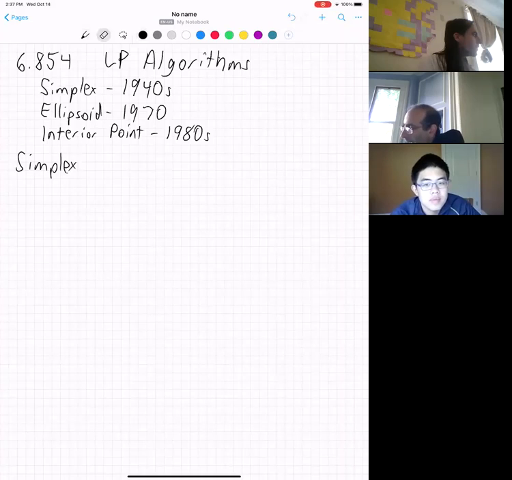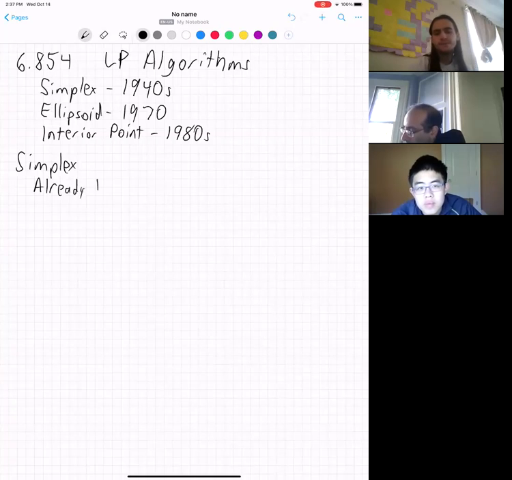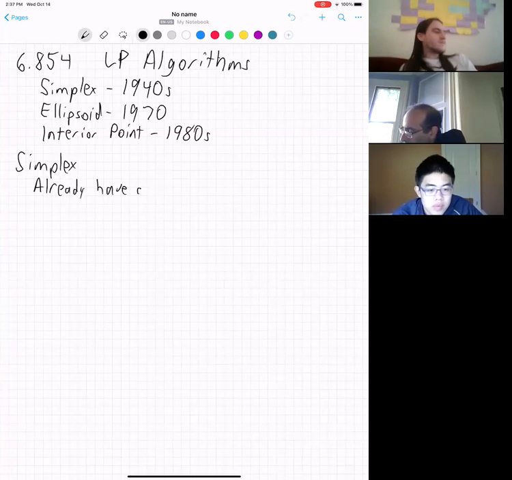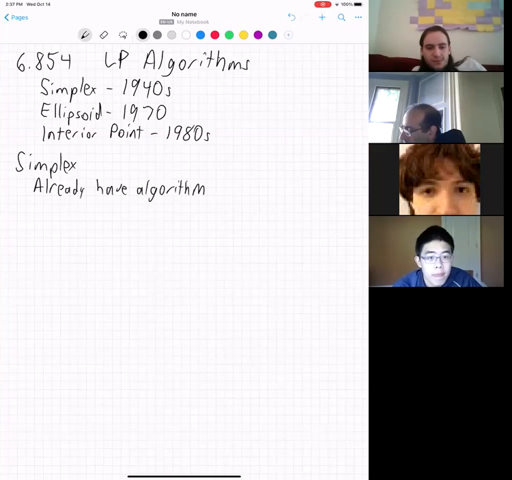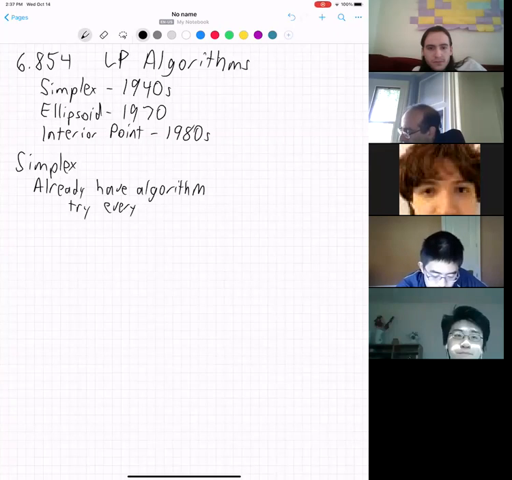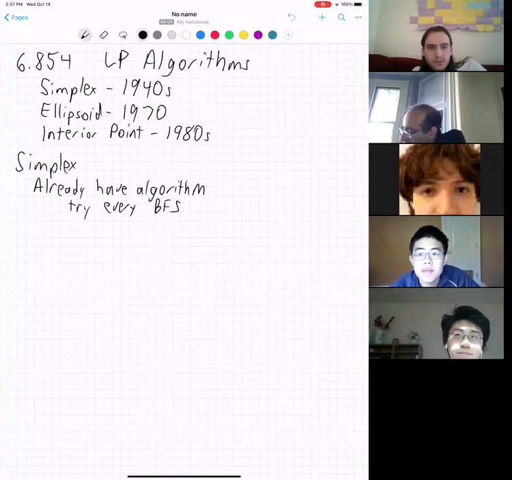Remember that we already have an LP algorithm, right? Does anybody remember what our algorithm is for? Look at all the vertices. Yeah, just try every basic feasible solution, right? And this works.